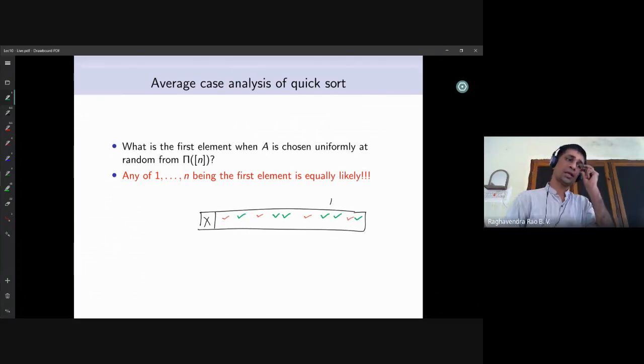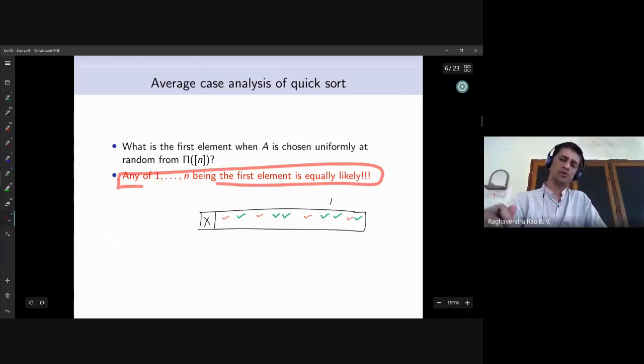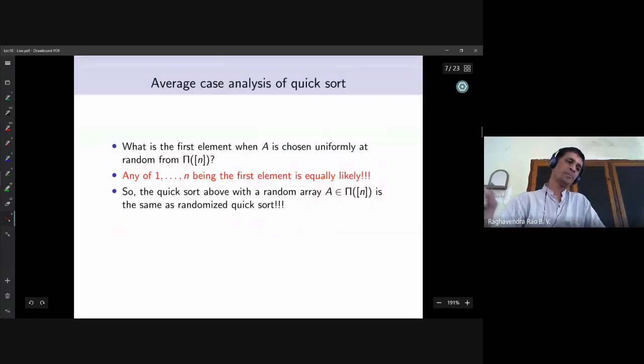So that is all the connection between average case analysis of quicksort and randomized quicksort. In the first level of recursion, any of 1 to n being the first element is equally likely, so it's equivalent to choosing a random pivot. So quicksort with a random array is the same as randomized quicksort with respect to expected behavior, or any other probability statement that we make.